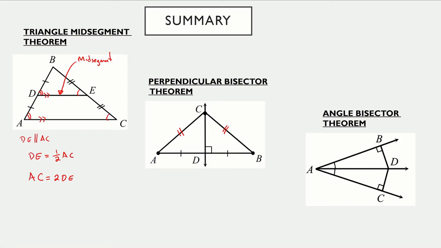And for the angle bisector theorem, we start off knowing that if we have an angle bisector and it's going to be perpendicular, then the two sides are going to be congruent, right? And the converse states the opposite of this. So the converse would be knowing the sides, then we get the angles. For the converse of the perpendicular bisector, knowing the sides, then we get those.